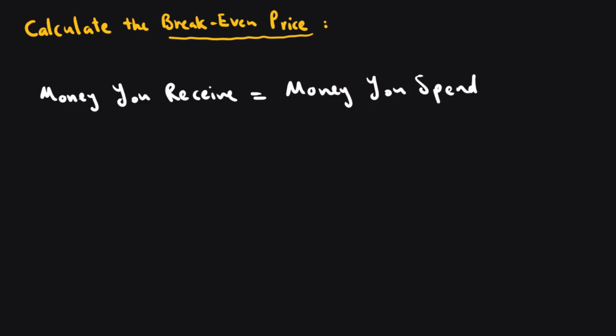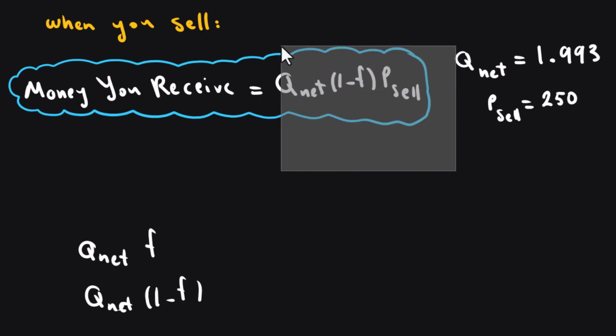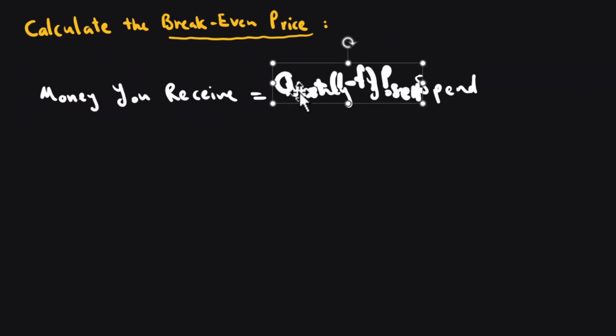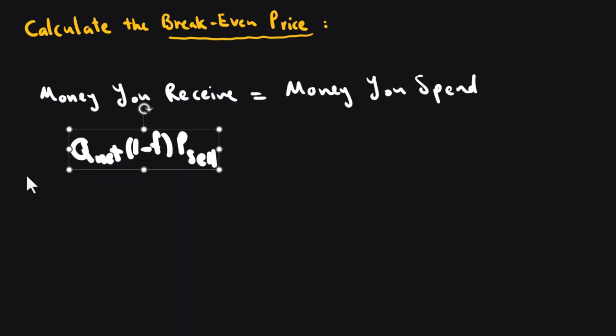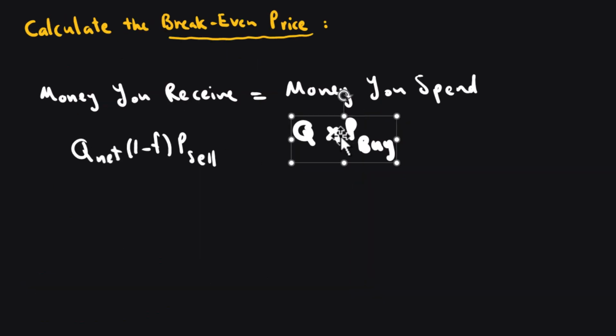If you remember the previous slides, the money you receive is this amount, so let's copy this and paste it here. And the money you spend, again from the previous slides, is this, so let's copy that and paste it here. So the money you receive should be equal to the money you spend.